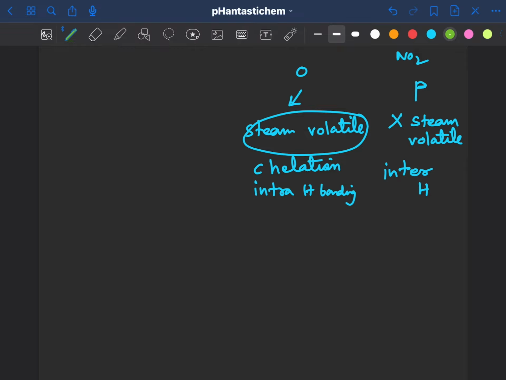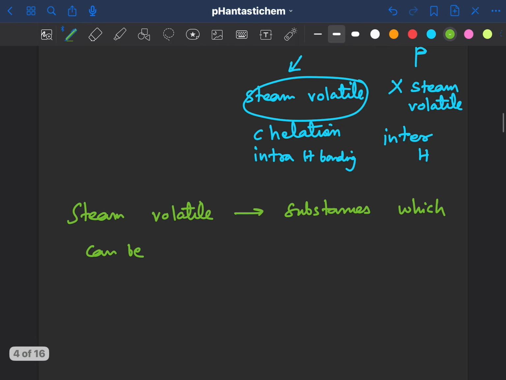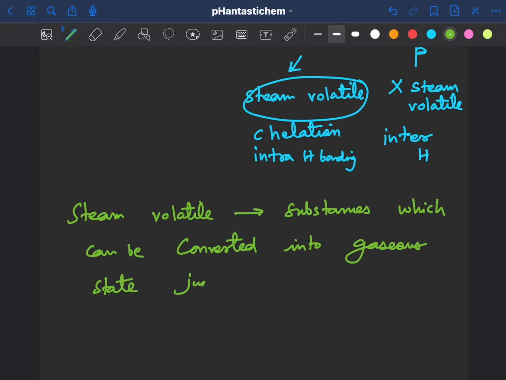Okay. So steam volatile substances are those which can be converted into gaseous state just by passing steam through it.